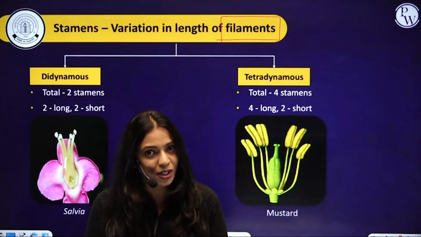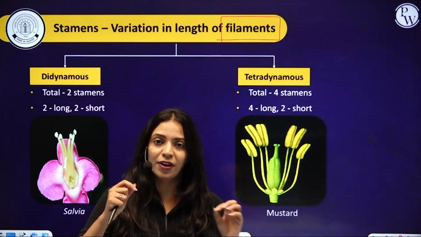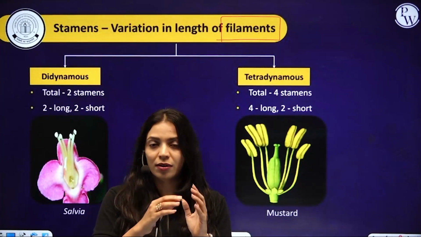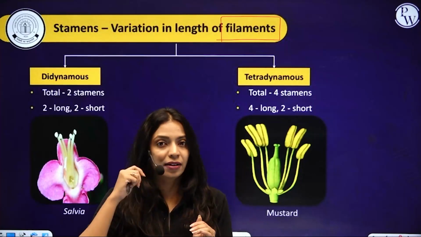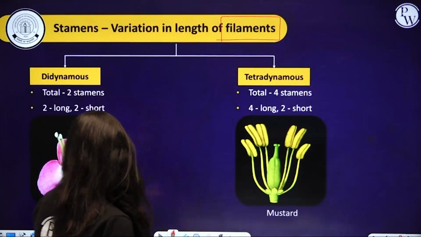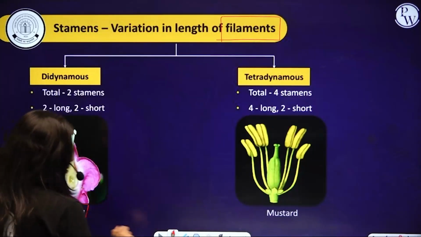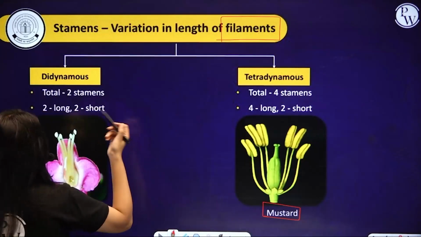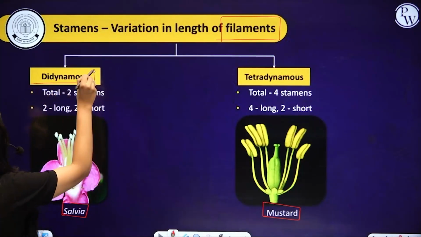In some flowers, we see that there is a specific feature where a fixed number of stamens or filaments are shorter and a fixed number are relatively taller. We can observe that in salvia and in mustard plant. The stamen in salvia is called didynamis.